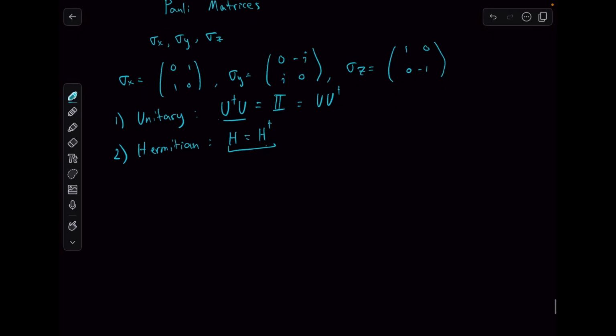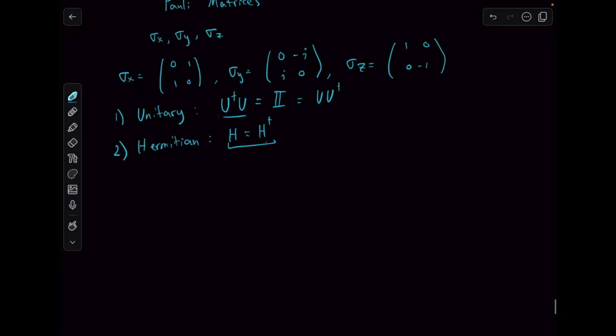So not only do they represent real physical transformations we can make to the qubits, but their eigenstates correspond to different states that we can measure qubits to be in. And finally, a third property of these Pauli matrices is that they're all linearly independent from one another. So you cannot express any of these Pauli matrices as a scalar multiple of another.